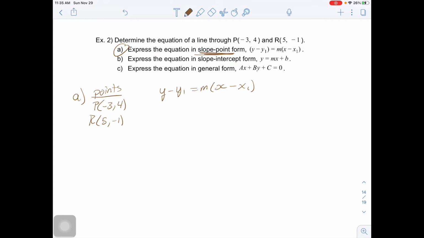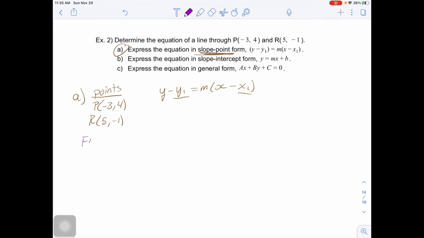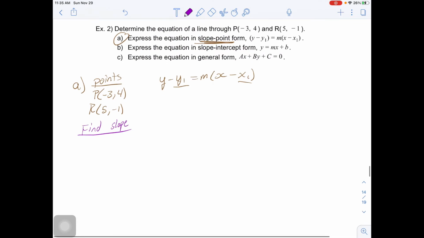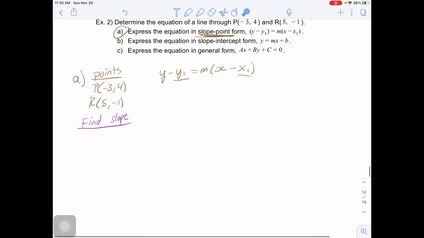So for y1 and x1, you could choose it to either be -3 and 4 or 5 and -1. Problem is we need to find m. So find slope. And at this point, hopefully you remember all the way at the beginning, how do you find slope when given two points?